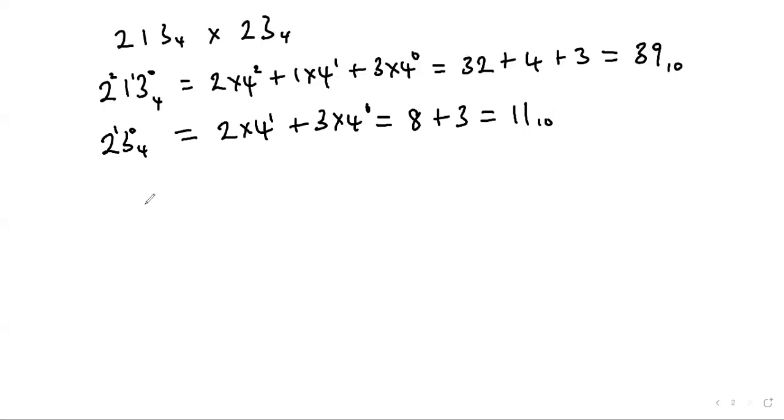So that means 213 base 4 times 23 base 4 is the same thing as saying 39 base 10 times 11 base 10.